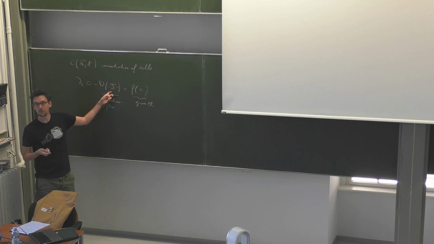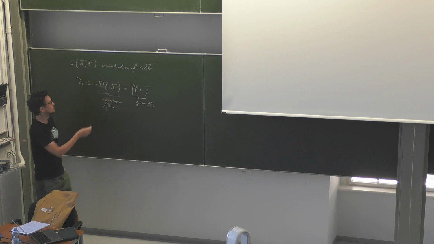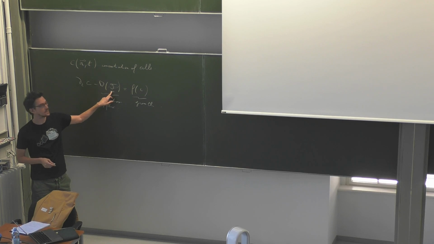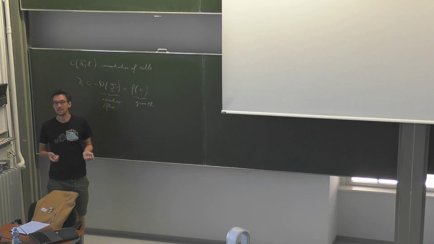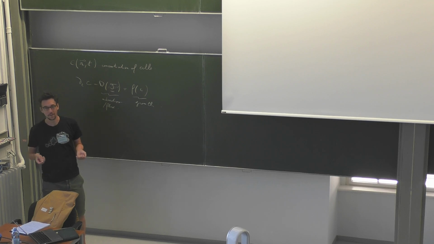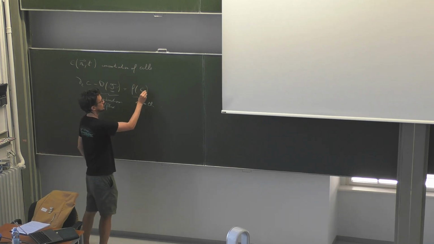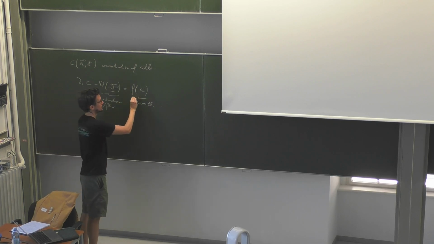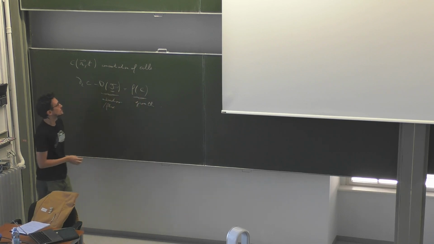It can have a flux, so cells can move from x to x plus dx, right? And now the big question is, what do I write for this flux here? And then, because these are cells, they can also grow, proliferate and die, right? So I have a growth term, which is a non-conservative term here. So that's the simplest thing I can write.